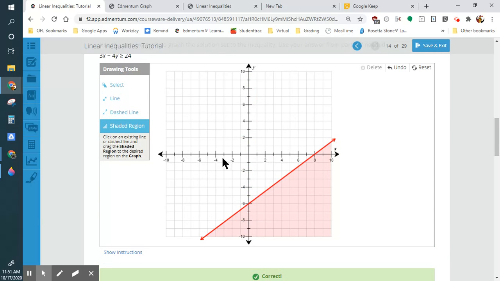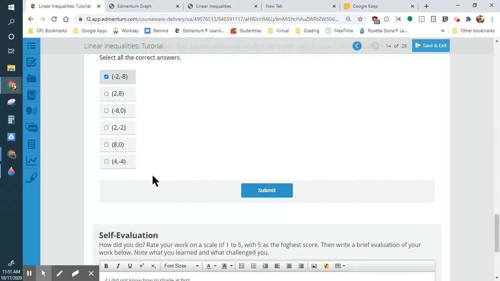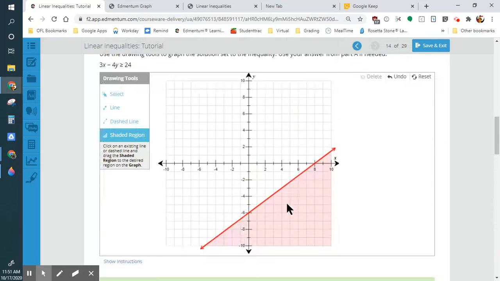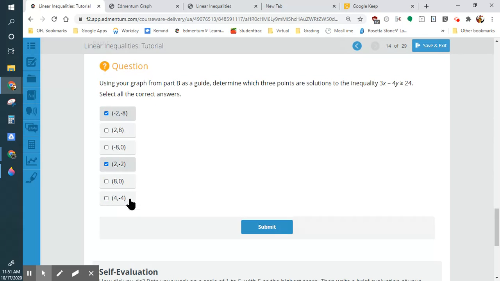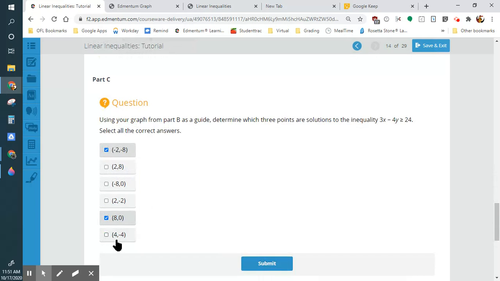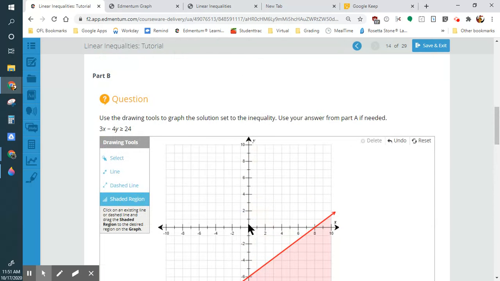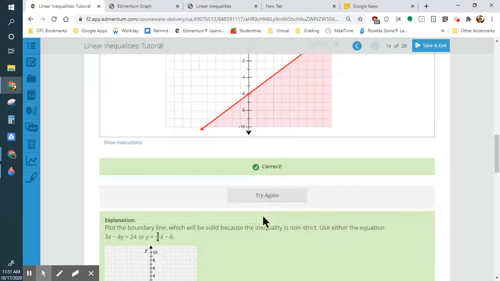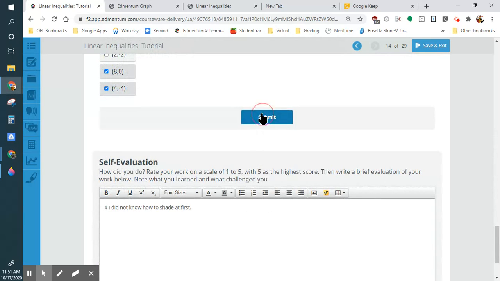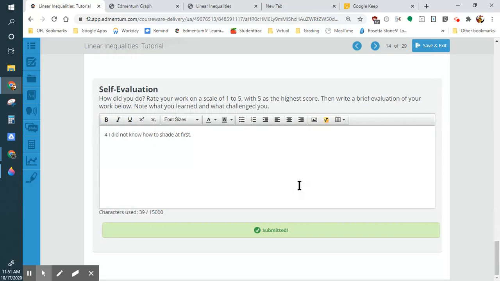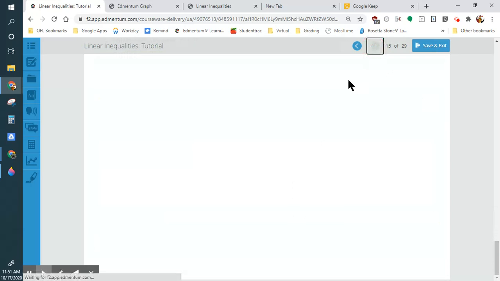I did 0, -8. 2 and -2, we said that was right on the line, I believe. Oh, that one doesn't work. 8 and 0 works, and this works. So the part where I messed up, guys, is I did 0 and -8. So that should fix it. All right, let's move on.